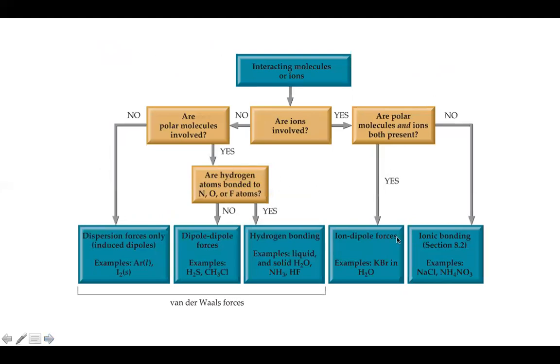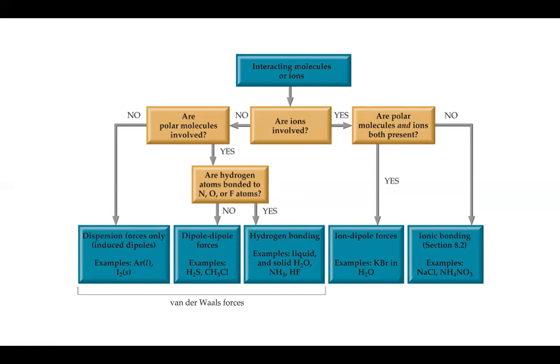Here's a little flow chart too on identifying the intermolecular forces in various molecules. First, you want to ask yourself if there are polar molecules. If there aren't polar molecules, then there's just London dispersion forces. If there are polar molecules, you would want to ask, are the hydrogen atoms bonded to nitrogen, oxygen, or fluorine?